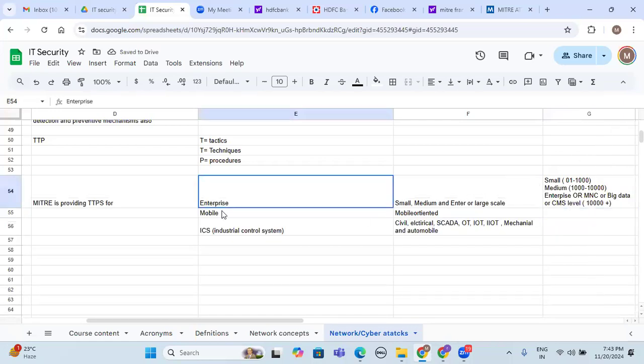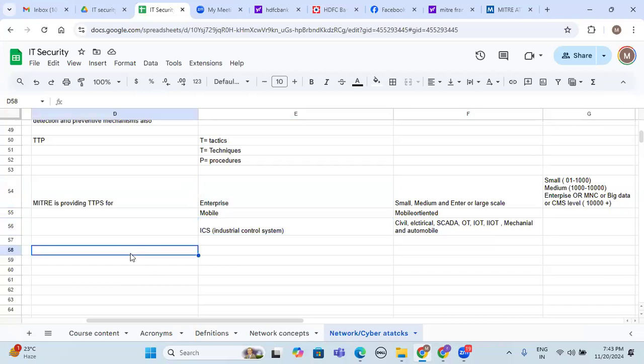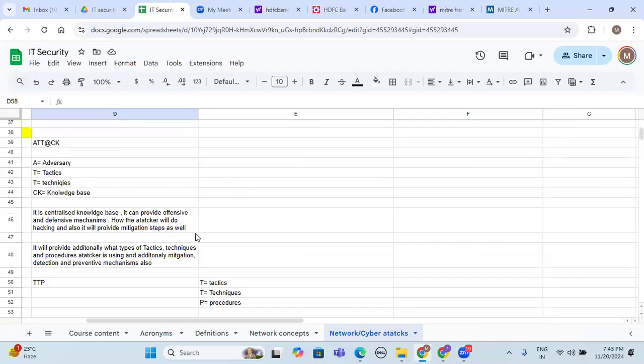Now Mitre attack is providing the tactics, techniques and procedures for all these different types of small, medium, large scale industries, mobile based companies, ICS companies also. Now, as per Mitre attack framework, first of all, who will use this Mitre attack framework?